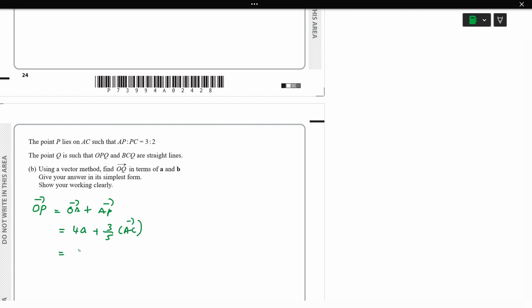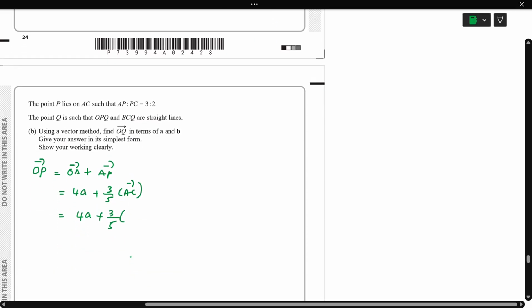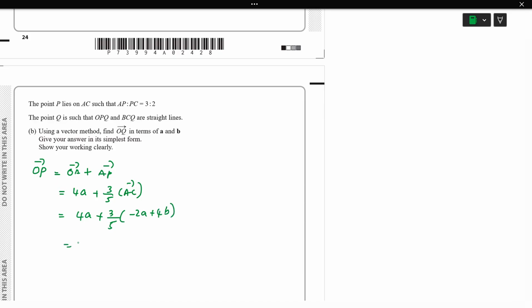Already we found AC, so 4A plus 3/5 of AC, which is minus 2A plus 4B. Just expand: 4A minus 6/5 A plus 12/5 B.